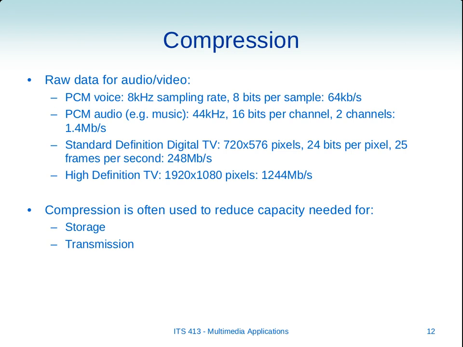Because within compression we can reduce the number of bits we need to store that information. Both storage and transmission. If I want to stream video across a network, instead of streaming at 1.2 gigabits per second for high definition TV, if that TV is compressed, then I may be able to stream at a much lower rate, tens of megabits per second.